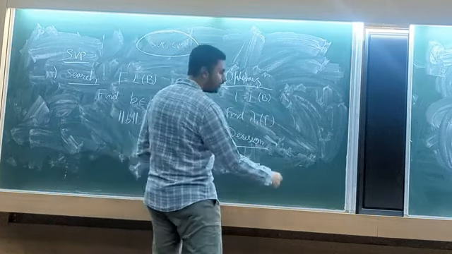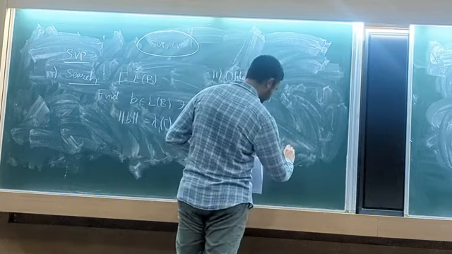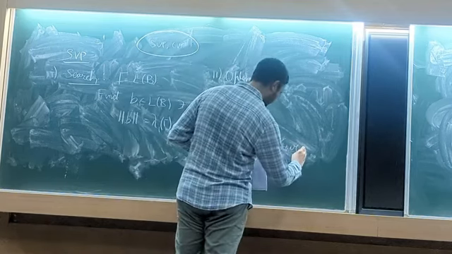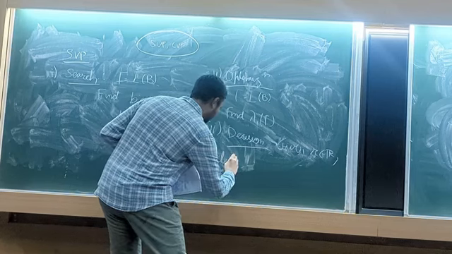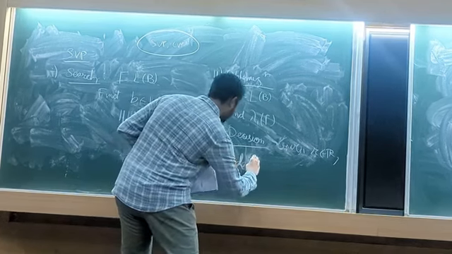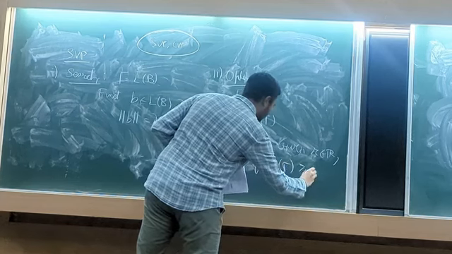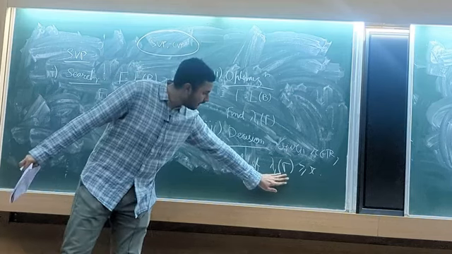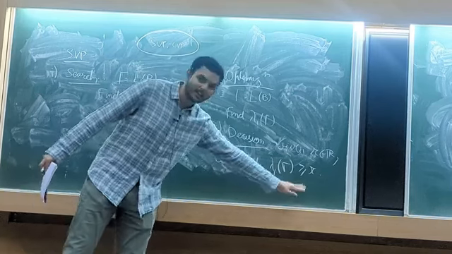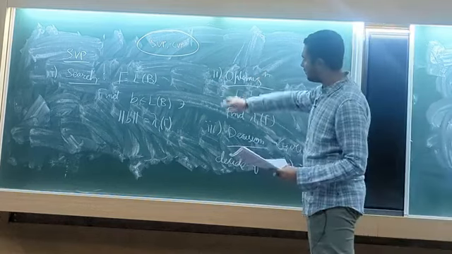So given, not necessarily rational, given some r, decide if the length of the shortest non-zero vector in gamma is at least r. So these are three problems, and in general these are very hard to do.